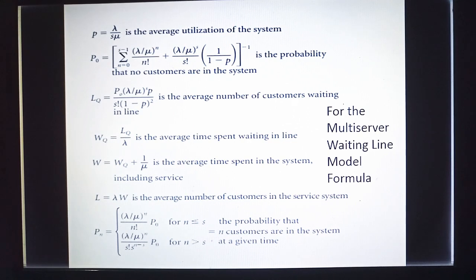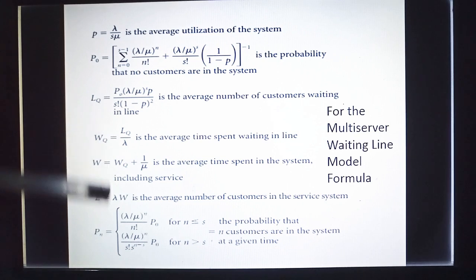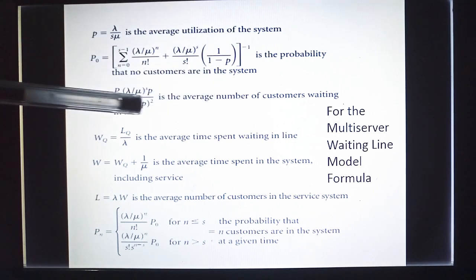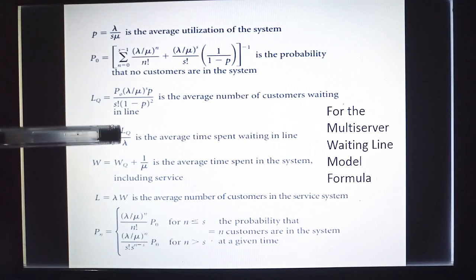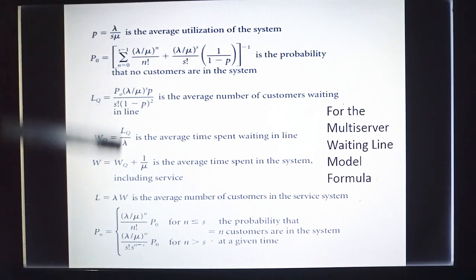Now for the multi-server waiting line model, we have here the formulas: the average utilization of the system, the probability, the average number of customers waiting in line, the average time spent waiting in line, and so on. So these are the formulas for the multi-server waiting line model.